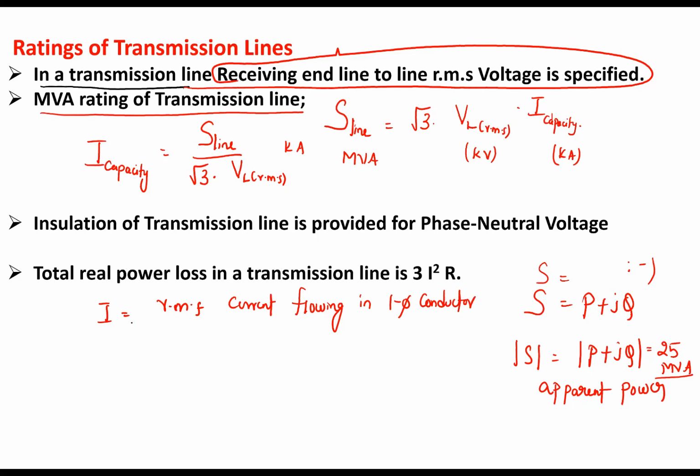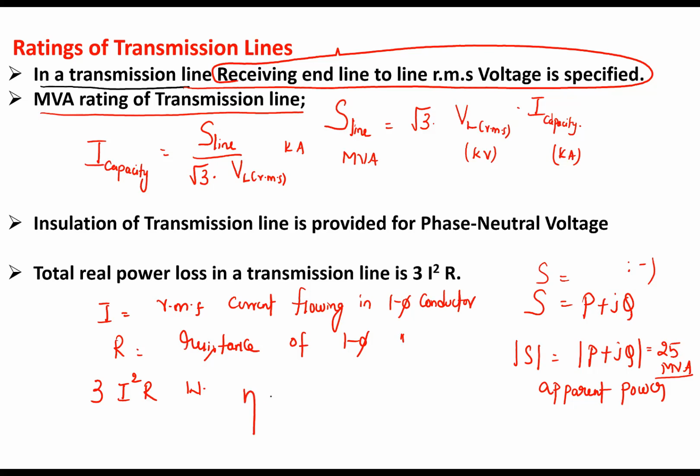And R is the resistance of one phase conductor. Then the total real power loss that occurs in a transmission line is given by 3I squared R watt. Understand? 3I squared R watt.